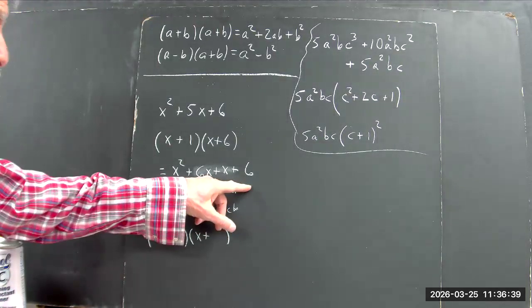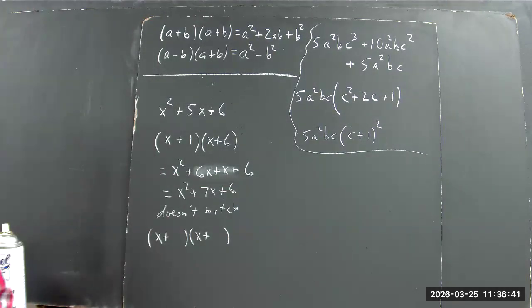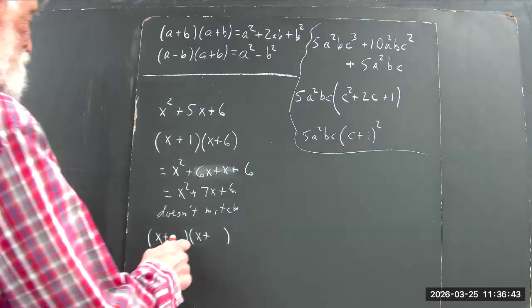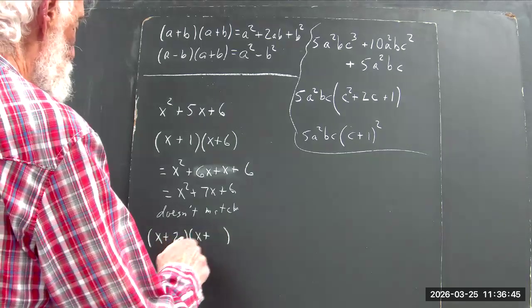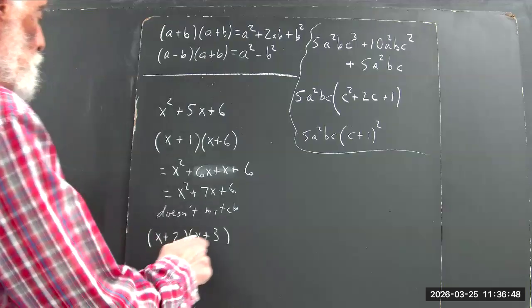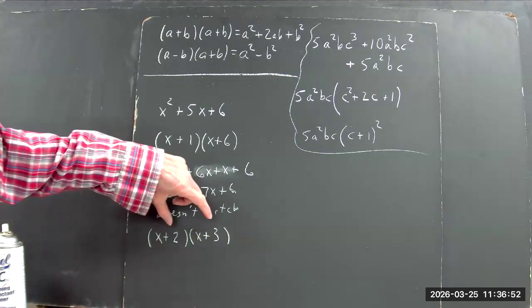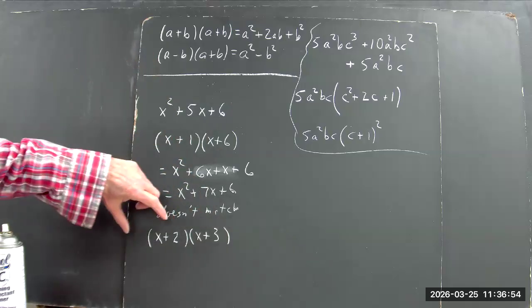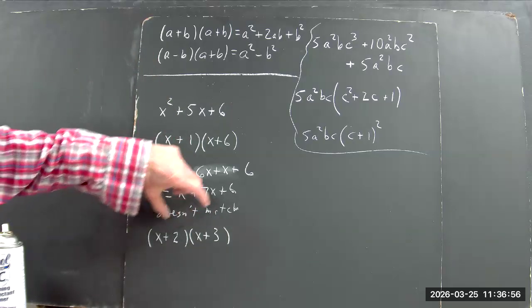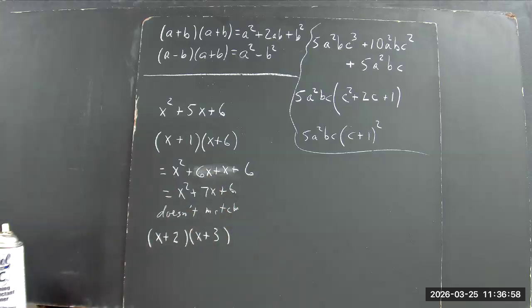Okay, now everybody got that. There aren't many choices for two numbers that multiply out to give you 6. It's got to be 2 and 3. It doesn't matter whether you do 2 and 3 or 3 and 2. It doesn't matter which of the two numbers you put in which blank. But what we now have is (x + 2) multiplied by (x + 3).